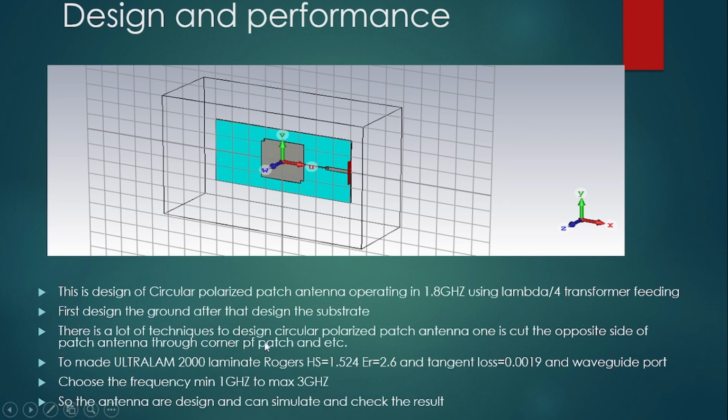There are a lot of techniques to design a circular polarized patch antenna, one is to cut the opposite sides of the patch antenna through the corner of the patch, etc. The material is Rogers laminate with H equal 1.524, ER equal 2.6, loss tangent equal 0.0019, and a waveguide port. Choose the frequency minimum 1 GHz to maximum 3 GHz. So the antenna is designed and we can simulate and check the result.